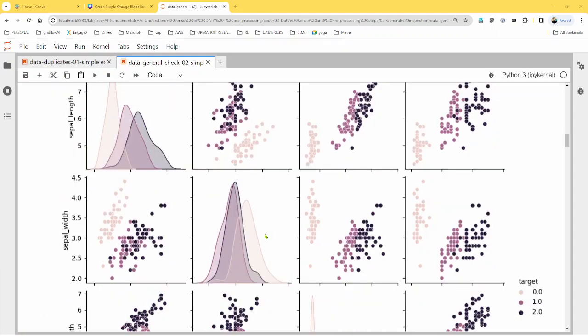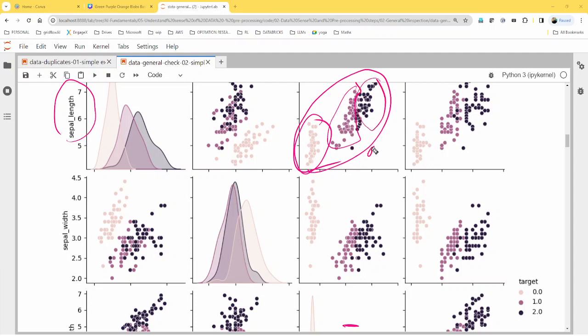Let's look at some more intuition. For example, this scatter plot gives you a sense of the distribution of data, sepal length versus another column. Here the distribution is quite distinct, which is actually good for machine learning.